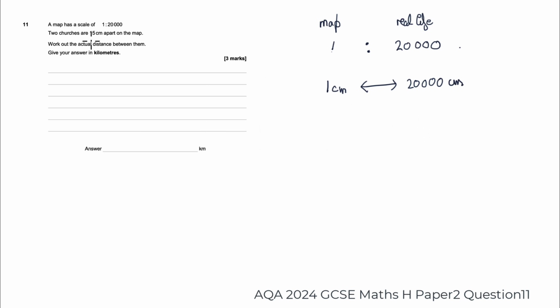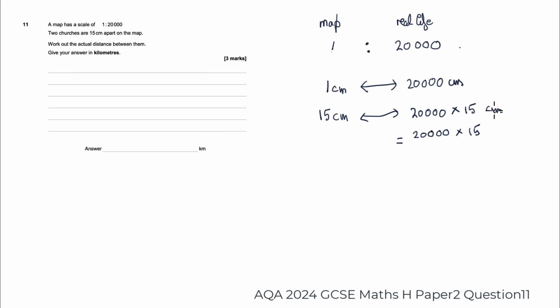We're asked to find out about 15 centimetres on the map. Now that's 15 times what we've got there. So in real life, that would be 20,000 times 15 centimetres. So it just remains to change this to kilometres. Now the first step would be changing whatever this is to metres.